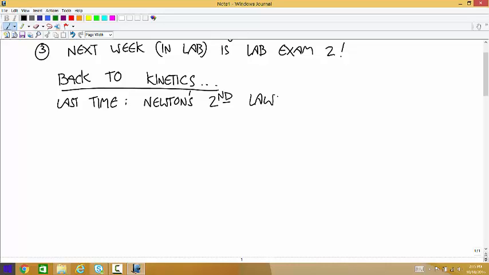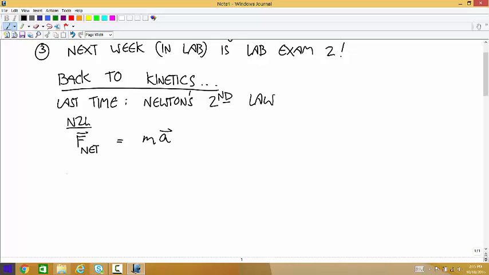It says that if you add up all the forces, we'll call that F net, that's equal to the mass of the object. So first you choose an object. What's the object you want to look at? Then you figure out all the forces acting on that object, and that's equal to the mass of that object times the acceleration of that object.